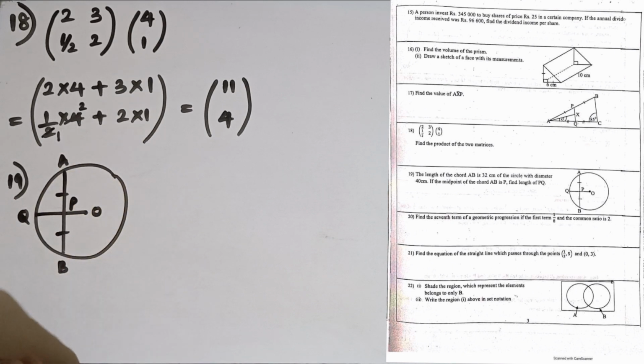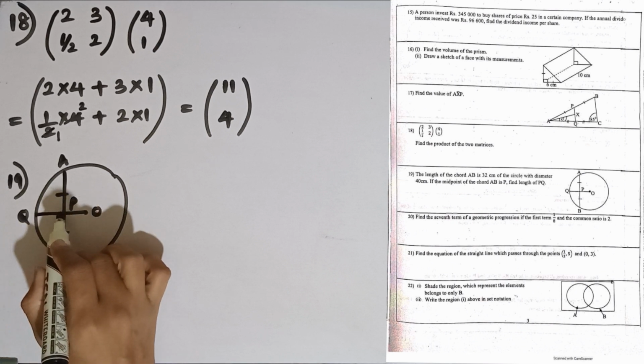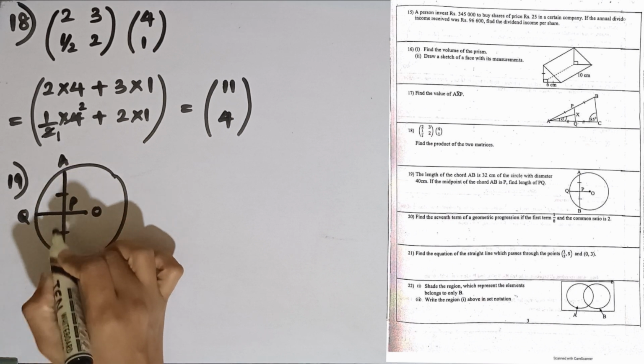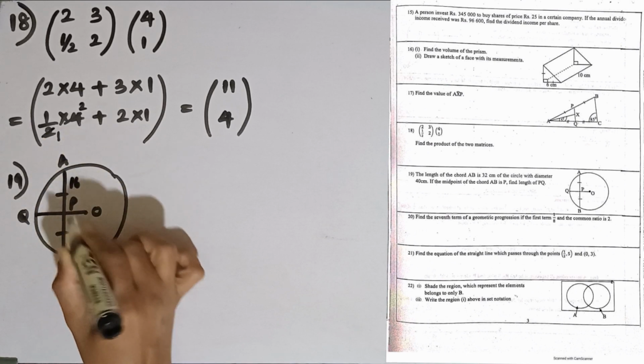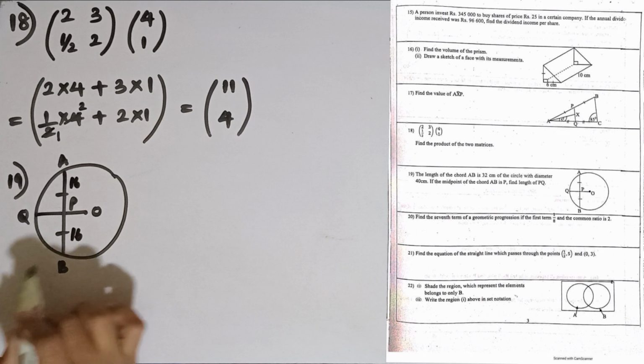The length of the chord AB is 32 centimeters of the circle with diameter 40 centimeters. If the midpoint of the chord AB is P, here this is the midpoint. So these two parts are of length 16 and this is also 16. Then find the length of PQ.